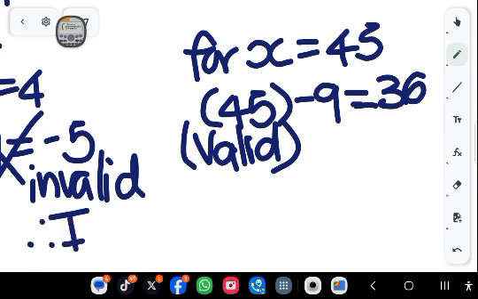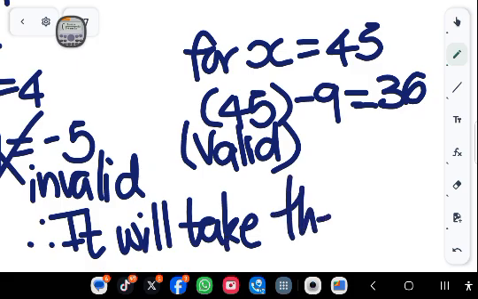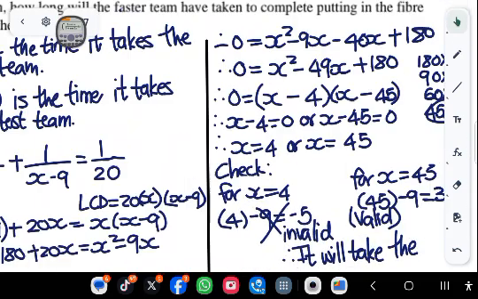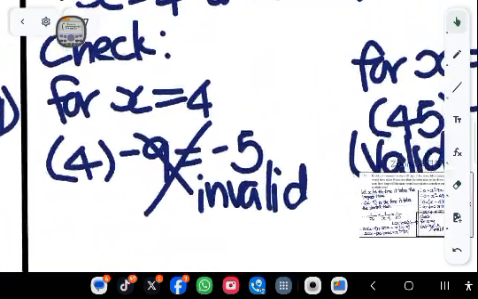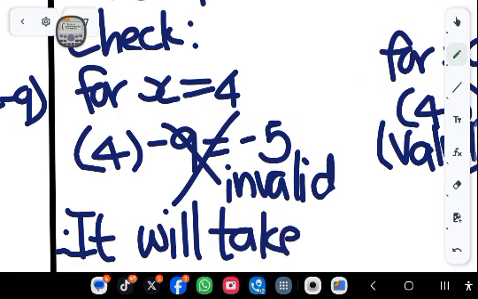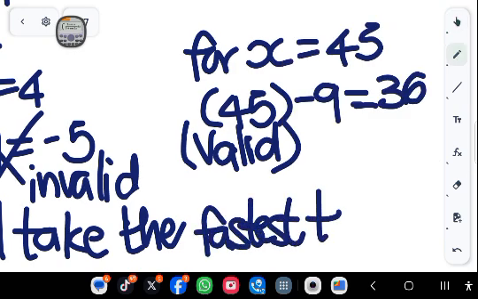Therefore, it will take the fastest team 36 days to finish.